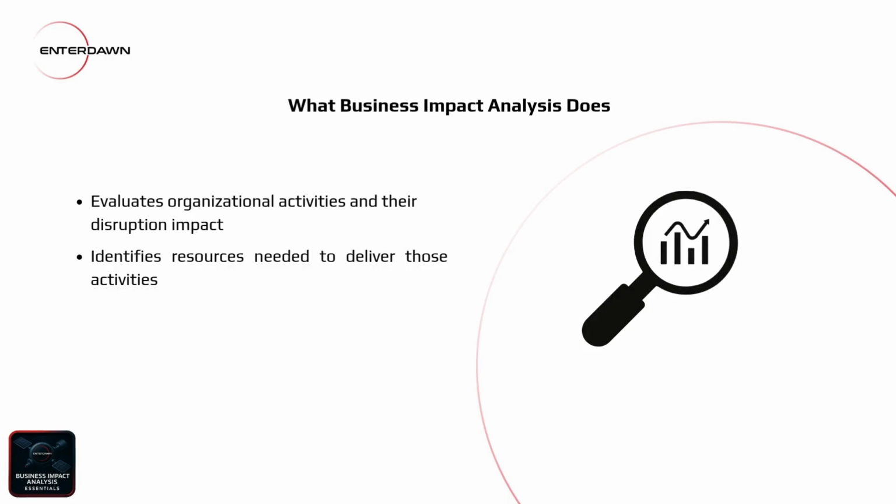The BIA provides a structured approach to evaluating all activities in an organization, as well as the impact on the organization should these activities become disrupted, along with the resources that are needed to deliver these activities.